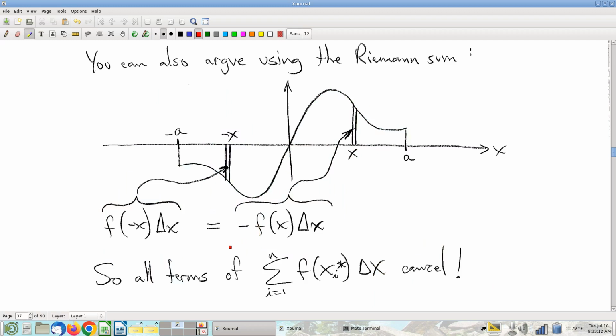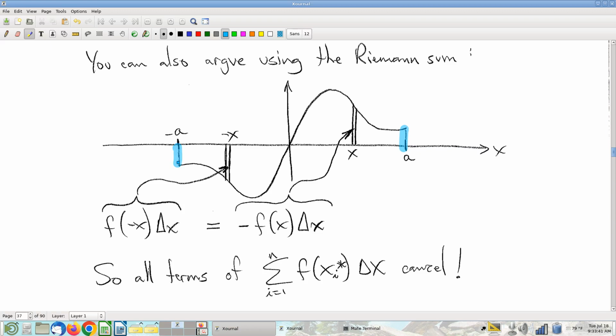The symmetry comes in the fact that I need these terms to pair up, and everybody's got a buddy, right? X goes to negative x, so these 2 terms cancel. And then I can go a little further out to, let's say, there, and then it's got a buddy over here, and those terms cancel. And it is only from the fact that this is a symmetric domain that where you run out on the right and where you run out on the left are the same.